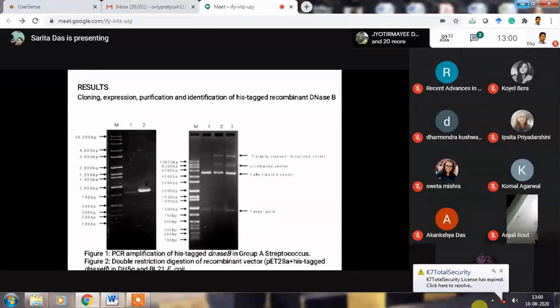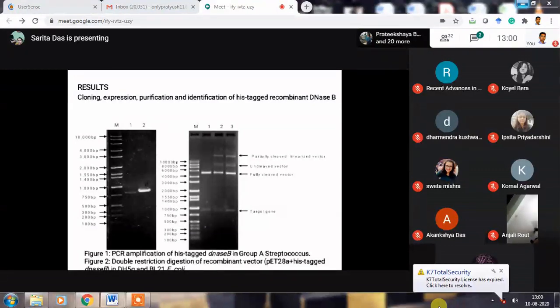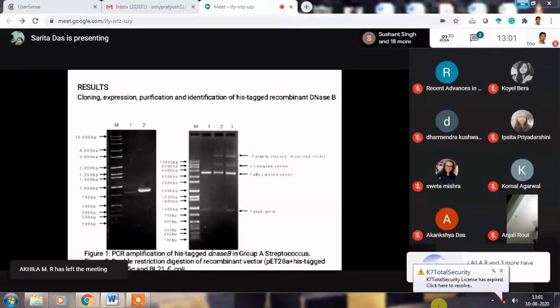And the second figure shows the double restriction digestion of the recombinant vectors. Before going to the expression system, because you have to grow a large amount of this expression bacteria and process everything, which is a bit longer work, we need to check whether the recombination has taken place or not.